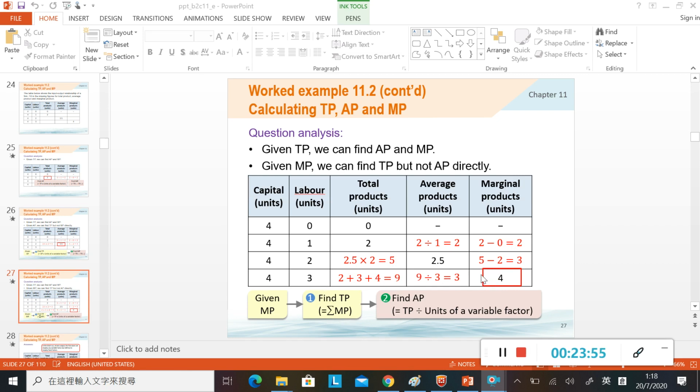如果你要揾第3個 labor 嘅 total product，就由第3個嘅 marginal product 一次過幫我加翻晒上去。如果你要揾第2個嘅，你就由第2個開始加上去，3加2就等於5咯，得唔得？If you need to find the total product of the third labor, add the marginal product of the third worker, second worker and first worker. If you need to find the total product of the second labor, just add from the second labor.